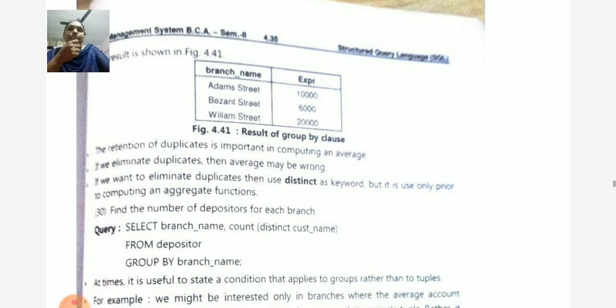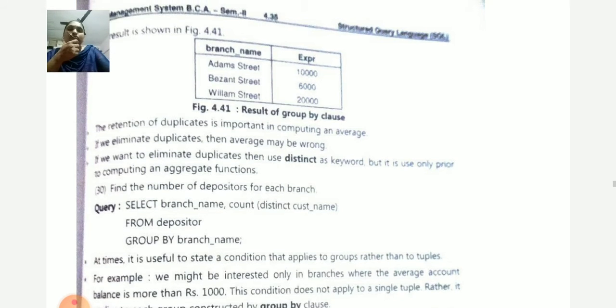If we eliminate duplicates then the average may be wrong. If you want to eliminate duplicates then use distinct as a keyword. Suppose we have to eliminate the duplicate, then you have to use the distinct keyword, but it is only used prior to computing an aggregate function.